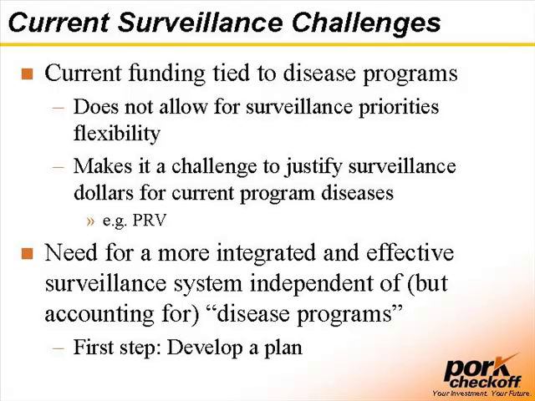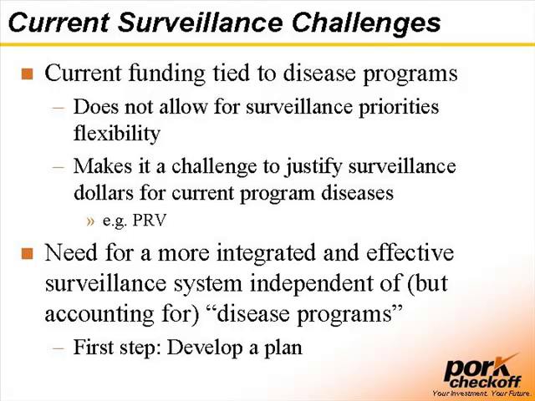We wanted to develop an integrated and effective surveillance system independent of disease programs, but accounting for them. So we don't want to not look for pseudorabies anymore, but you want to be able to say, can pseudorabies be part of where we pull all of our data from and include that?